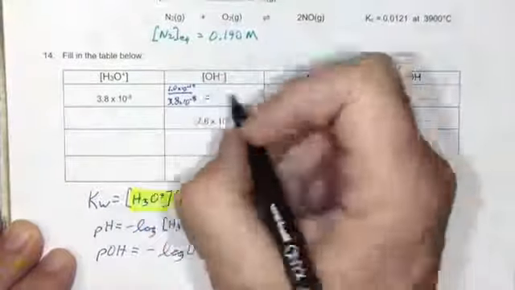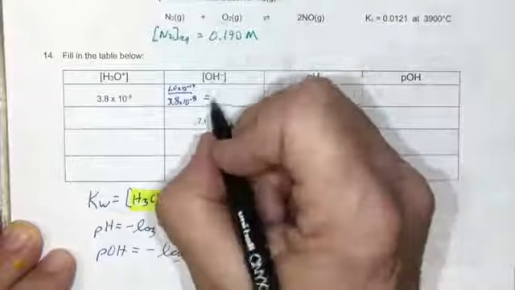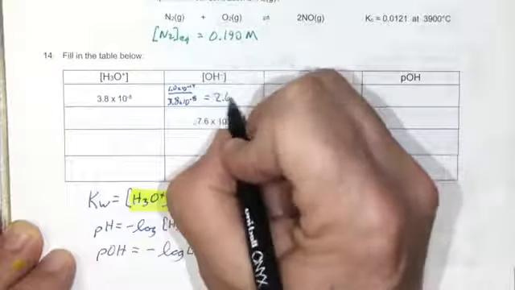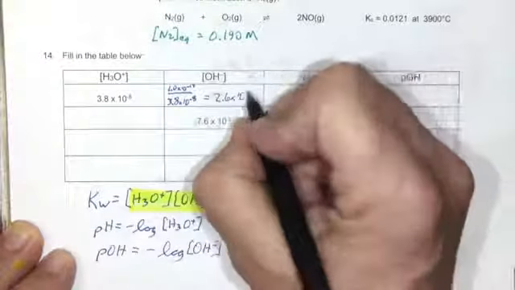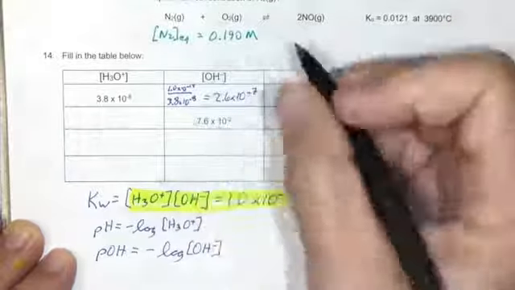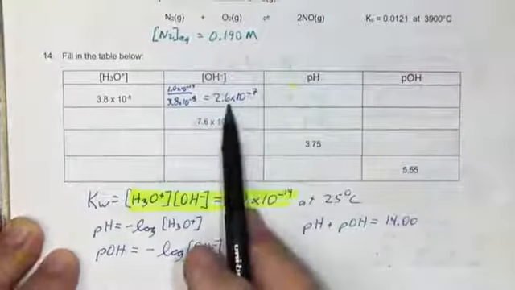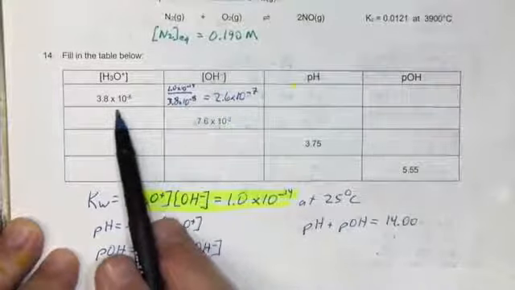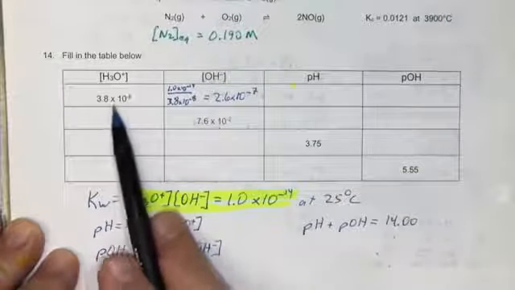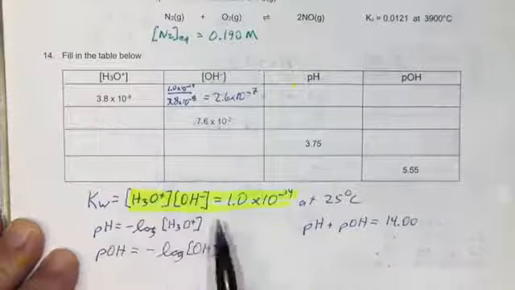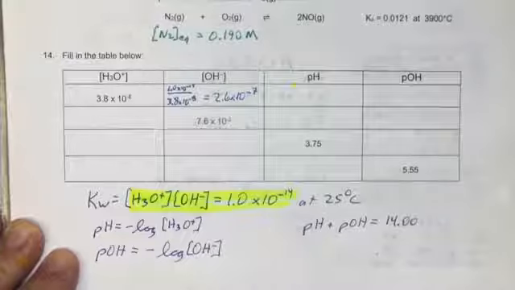And that calculates out to be 2.6 times 10 to the negative 7. That's the concentration of hydroxide when the concentration of hydronium is 3.8 times 10 to the negative 8. The product of this number and this number is 10 to the negative 14.